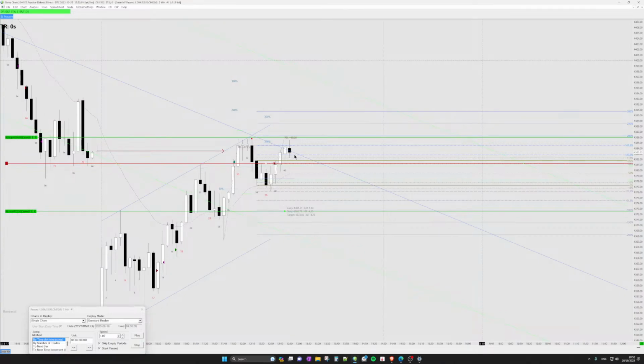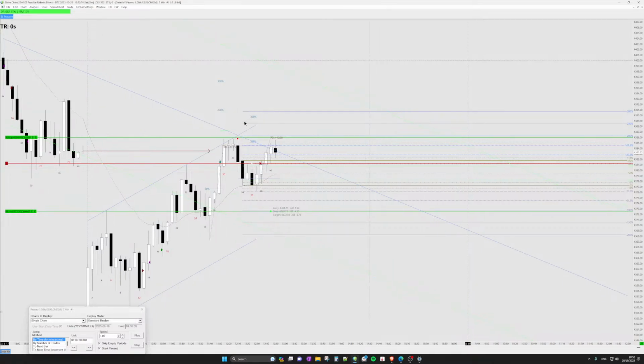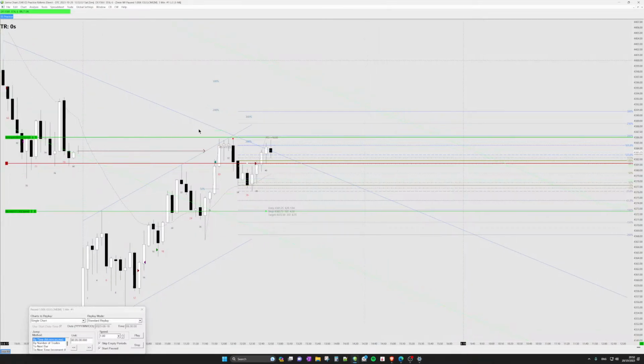Yeah, I'm not sure whether to just hold that trade or try to enter another. Four consecutive bars, so bulls could expect a second leg up after the pullback.